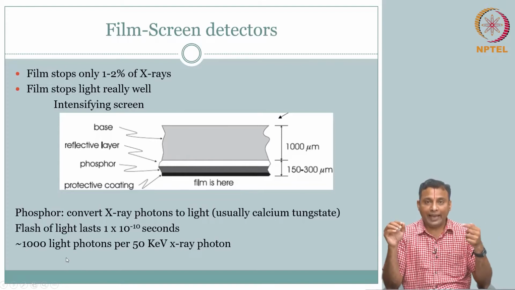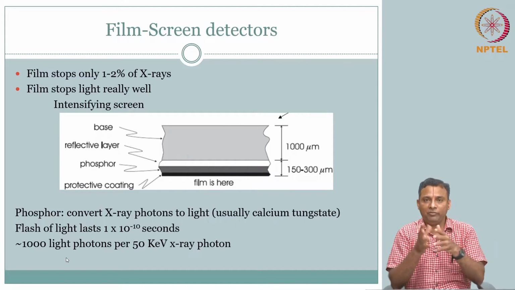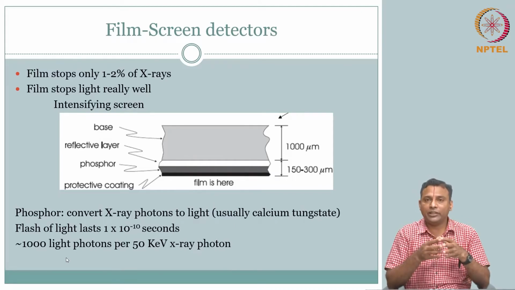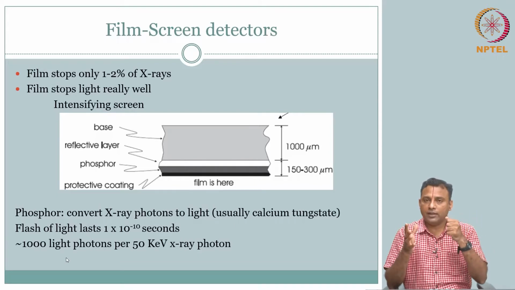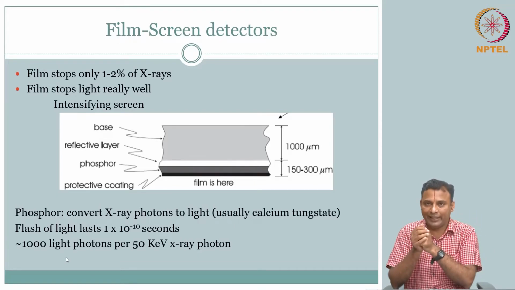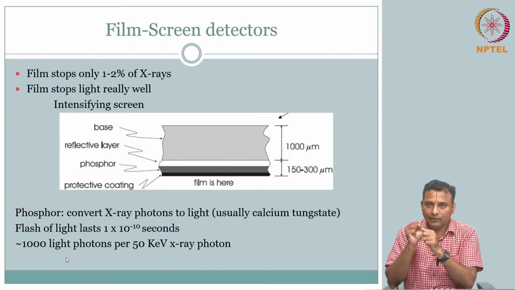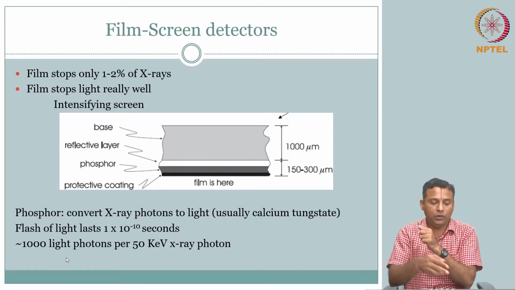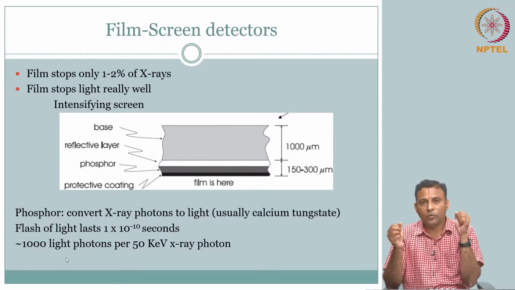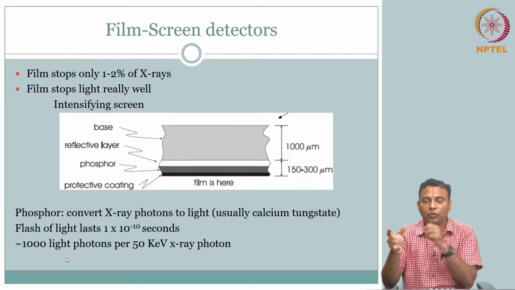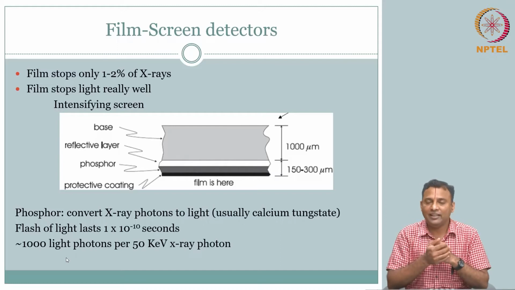There should be an energy; what energy is coming is going to have a role to play in the interaction. What interaction do you want? You want the X-ray photons that are coming to be absorbed by the material, and then it has to transition and give out light photons. In fact, you want one X-ray photon to give many light photons.